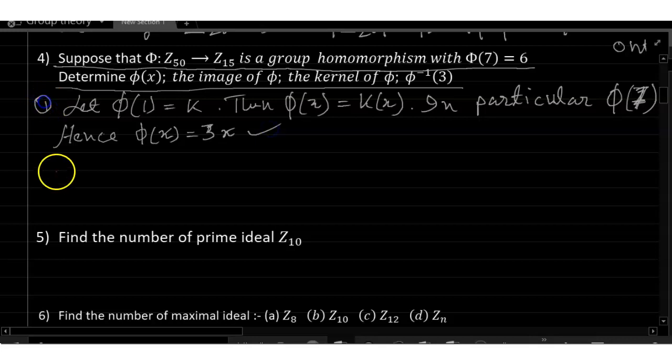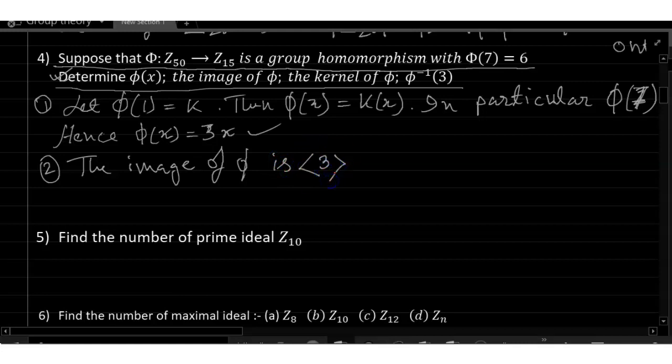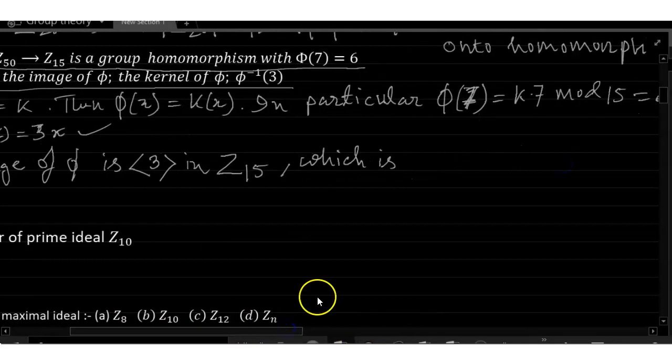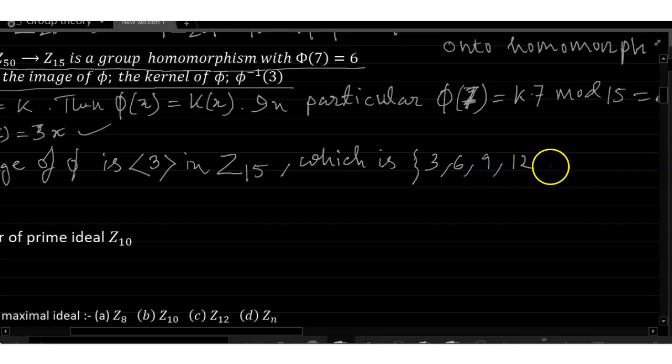Number 2, the image of phi is the subgroup generated by 3 in Z15, which is 3, 6, 9, 12, and 0.